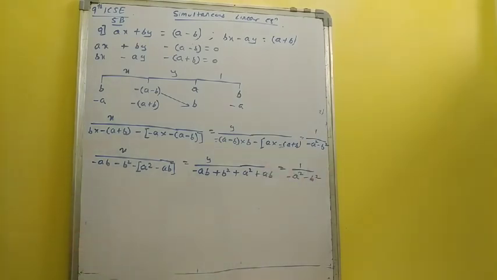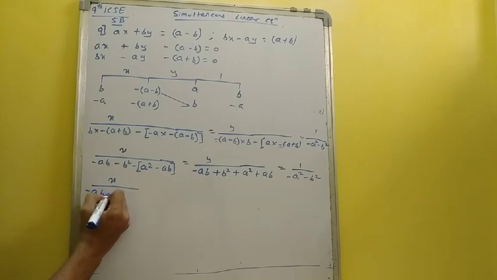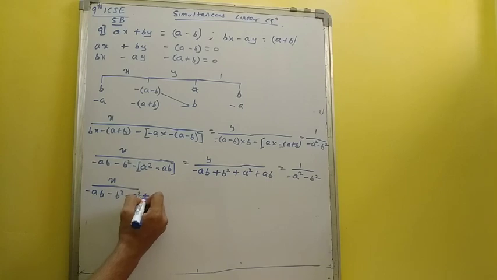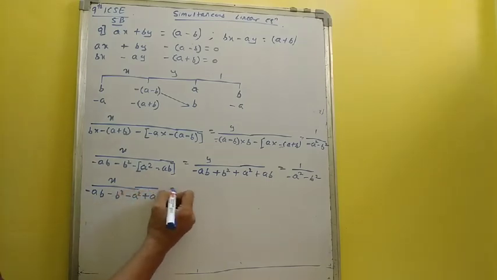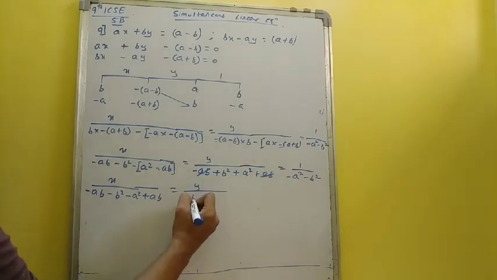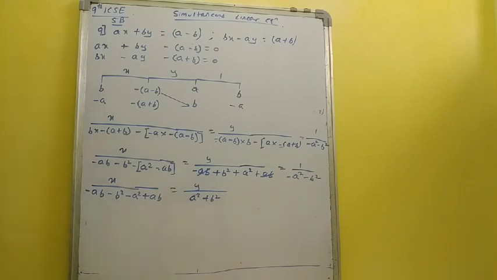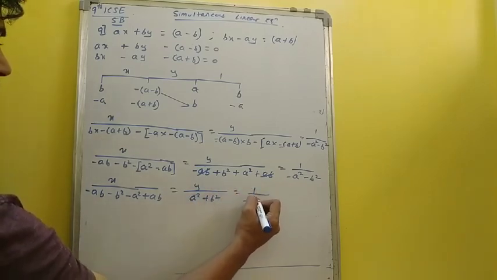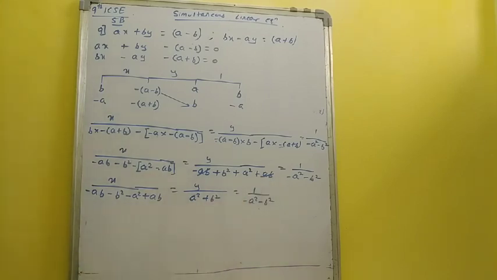Okay, so x upon minus ab minus b square minus a square plus ab, y upon, see, minus ab plus ab gets cancelled, we have a square plus b square, is equal to 1 upon minus a square minus b square.